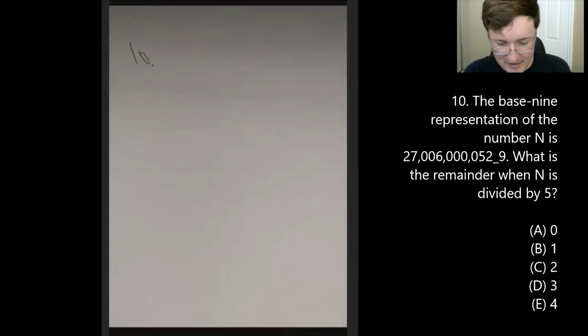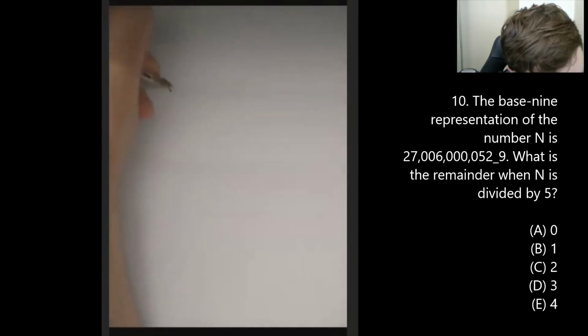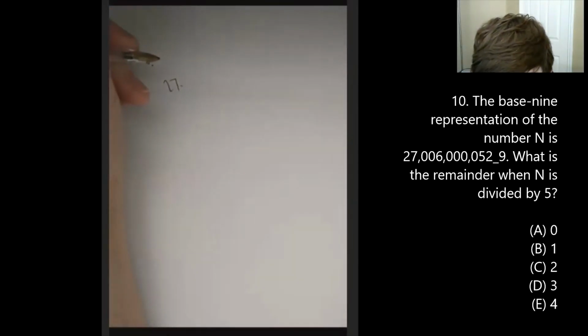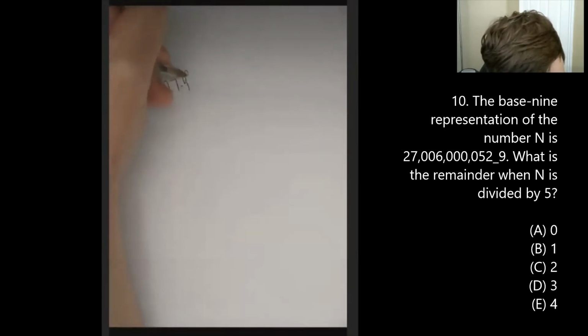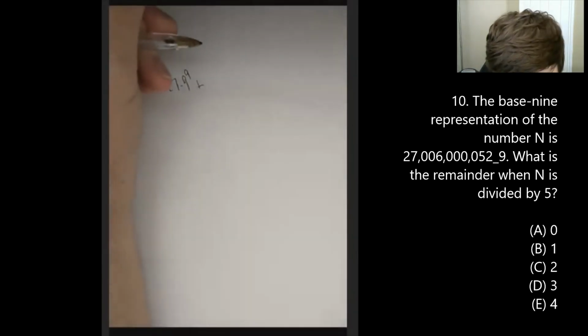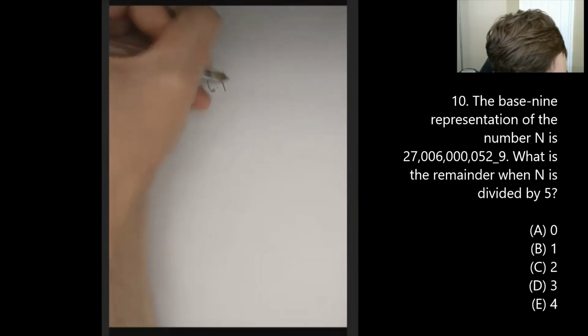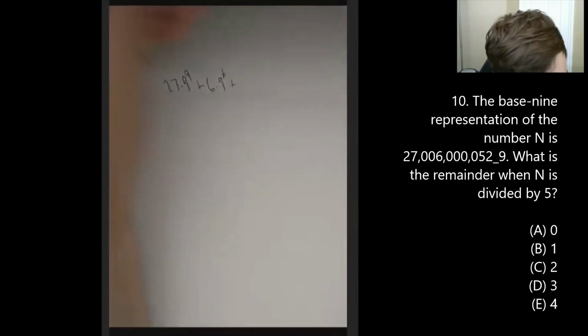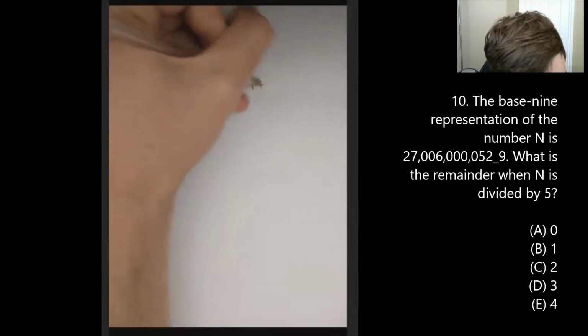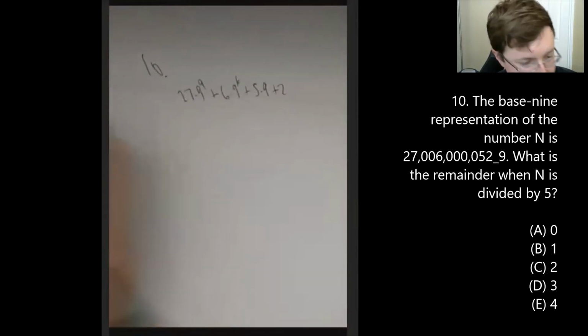Okay. I mean, there are some patterns to these numbers. Okay, so it's 27 times 9 to the 9th plus 6 times 9 to the 6th plus 5 times 9 plus 2. Okay, and I want that mod 5.